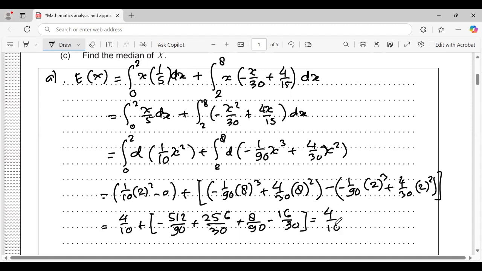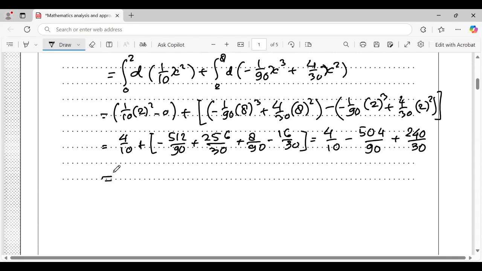It becomes 4 over 10, 504 over 90, 204 over 30. We are going to set the same denominator. 28 over 10, simplify, equals 2.8.